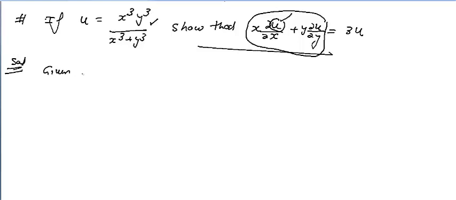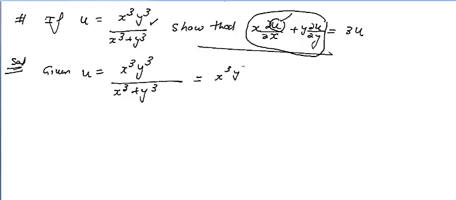Now given u is equal to x raised to power 3 plus y raised to power 3, so x cube plus y cube. What I will do is take x raised to power 3 common, or you can divide with x cube, both are the same thing. When you divide it, what do you get?